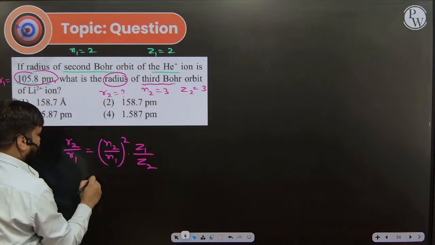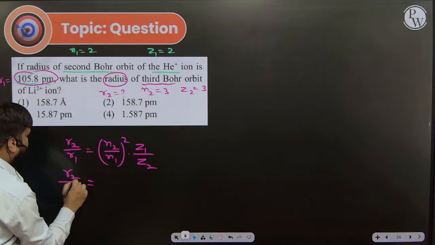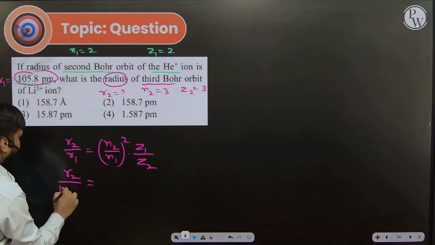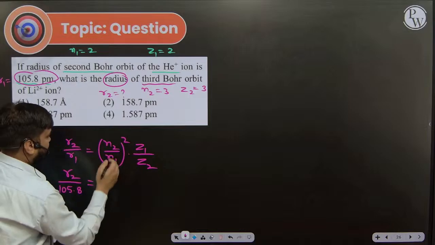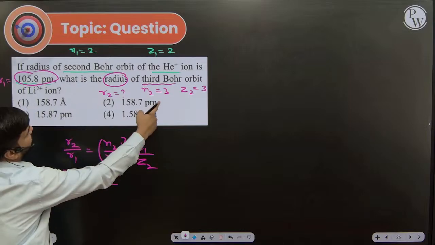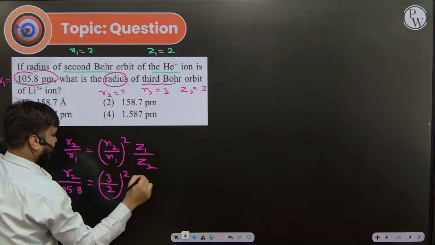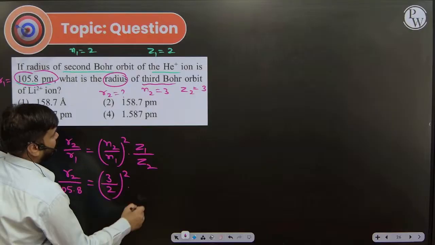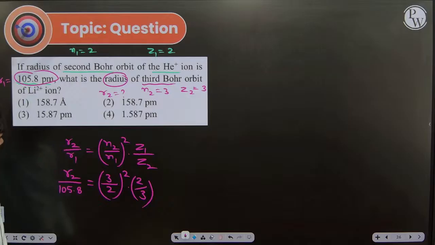So R2 we have to calculate, divided by R1. R1 is 105.8. N2 is 3 and N1 is 2, and the square of that, multiplied with Z1, which is 2, by Z2, which is 3. Let's solve this.